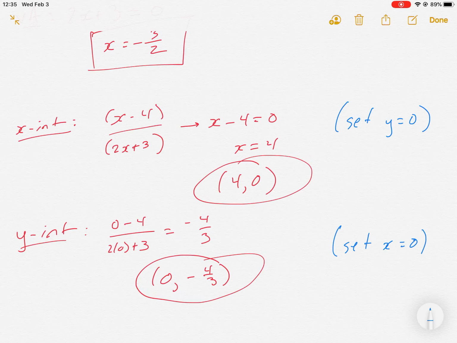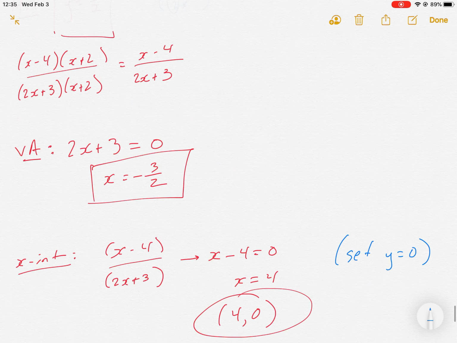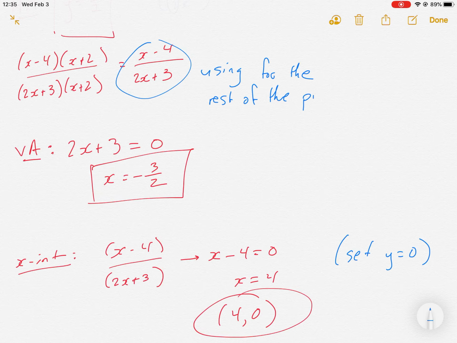And then for the y-intercept, we set x equal to 0 and solve. I also want to point out, because I said it but I didn't write it down, I'm using this equation for the rest of the problem. So I'm essentially just saying a of x equals x minus 4 over 2x plus 3.